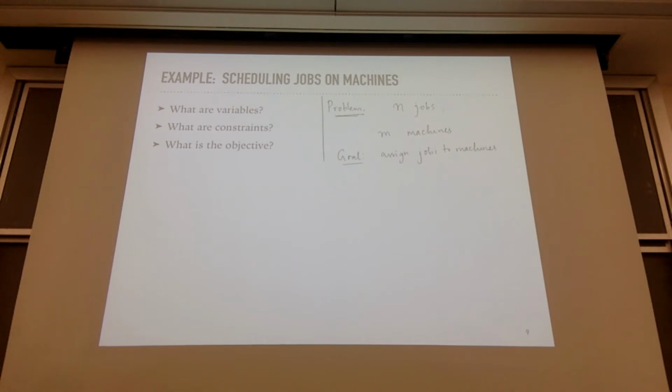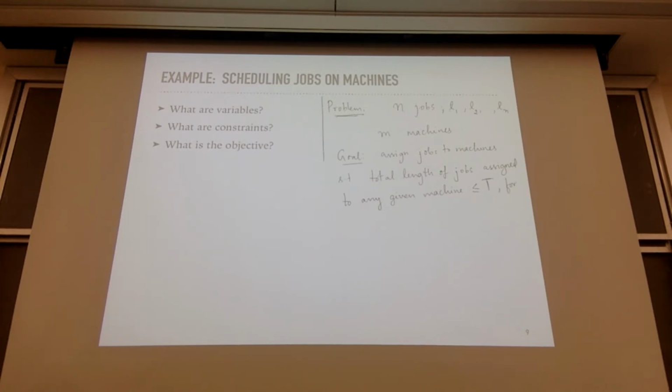Sorry, I forgot to mention. Each job has some length, which is L1, L2, up to Ln. And assign jobs to machines such that the total length of jobs assigned to any given machine is less than or equal to t for some given t.